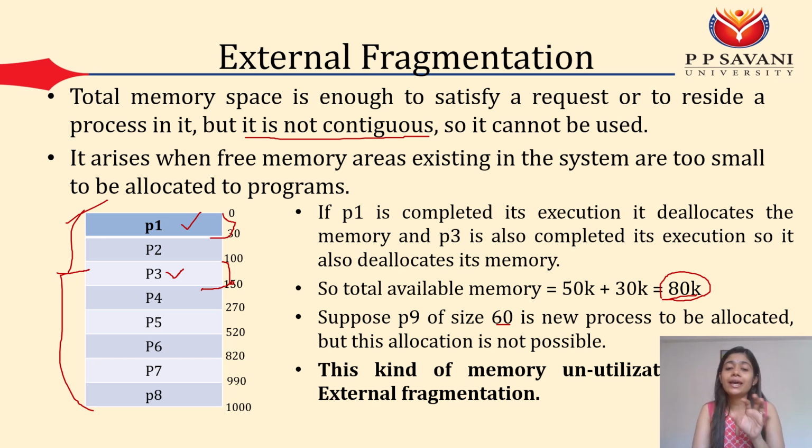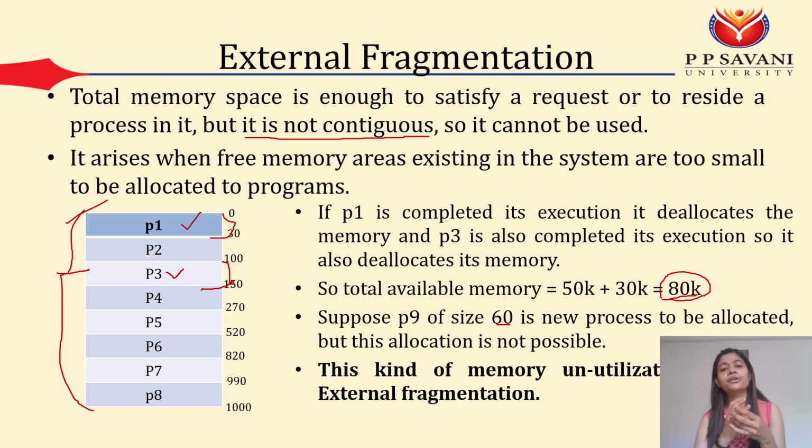That means I have enough memory free in main memory. Still, I am not able to allocate the process in main memory because the memory which is currently free is not in a contiguous manner. Due to that reason, I'm not going to allocate P9 in the main memory, and this kind of memory unutilization is called external fragmentation.